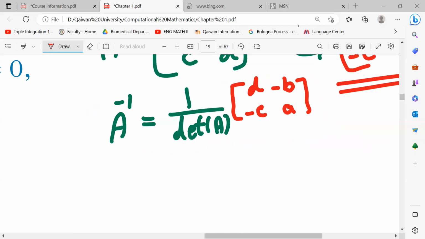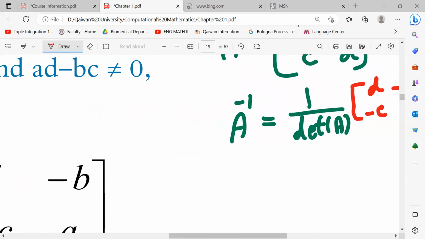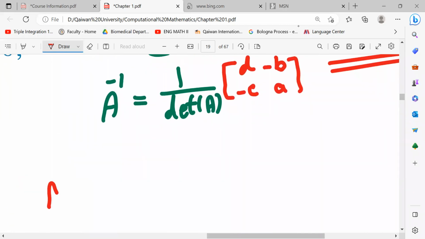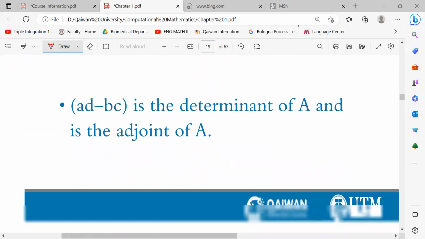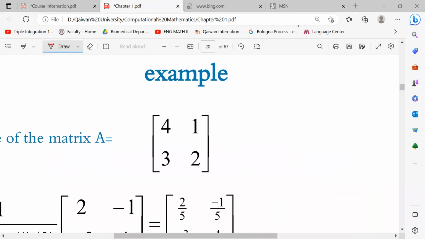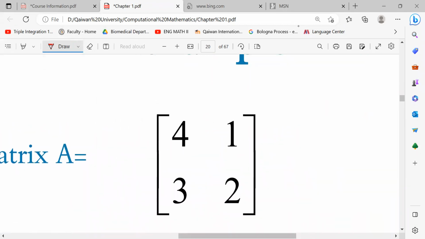Let's take a matrix, let's say A. I think there's an example here. To find the inverse of this matrix, what do we do? Let's first write down the rule.